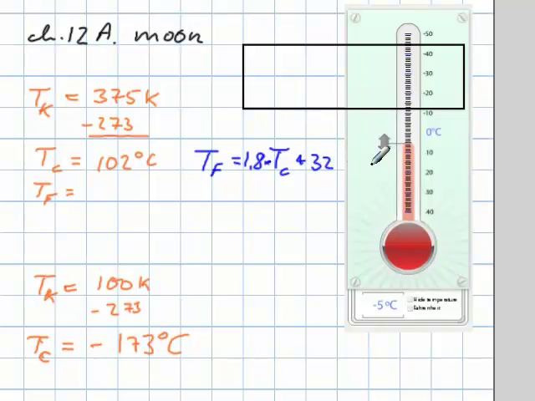And that's how we convert between the Celsius and Fahrenheit temperatures. So I take 102 and multiply that by 1.8, and then I add 32 to that, and I come up with something. I'll leave that up to you to do in degrees Fahrenheit. It's going to be a large positive number. And then I do this down here for the Fahrenheit temperature. As I multiply this by 1.8 and then add 32, I come up with a large negative Fahrenheit temperature.